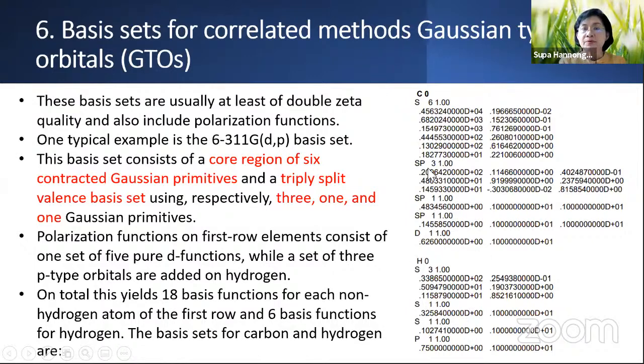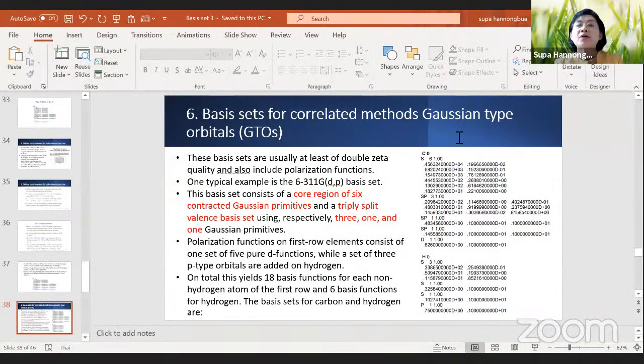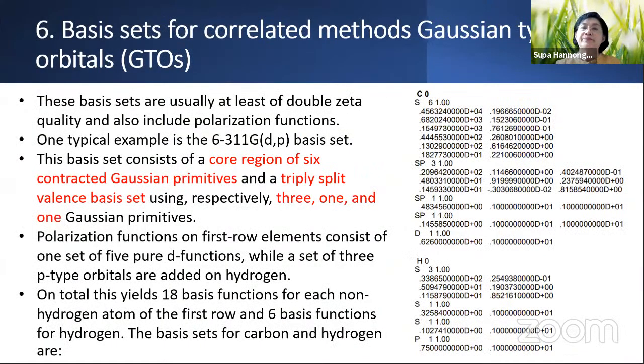Okay, the basis sets for carbon and hydrogen can be presented on the right hand side. So I just try to again introduce to you the correlated method Gaussian type. This is one group of the basis set. So these are the details of the basis set for the carbon atom, and these are the basis set for the hydrogen atom.